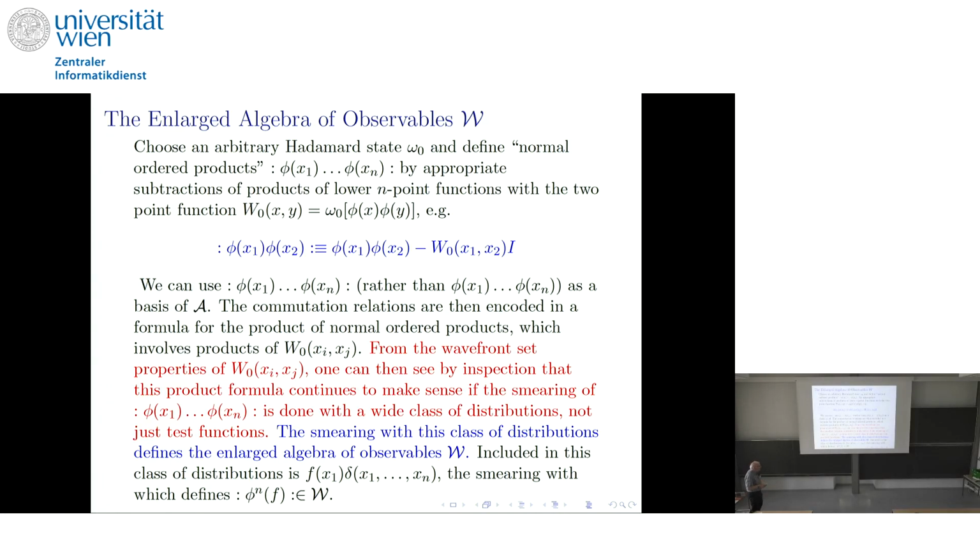I mean, this is just using when it makes sense to take compositions of distributions with their wavefront set properties. And in particular, this distribution is perfectly fine to smear with this object. So that defines a normal ordered phi n, which is in this enlarged class of observables.